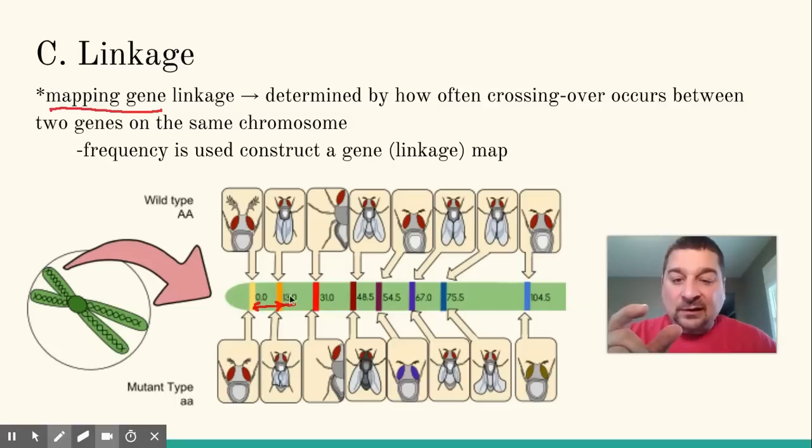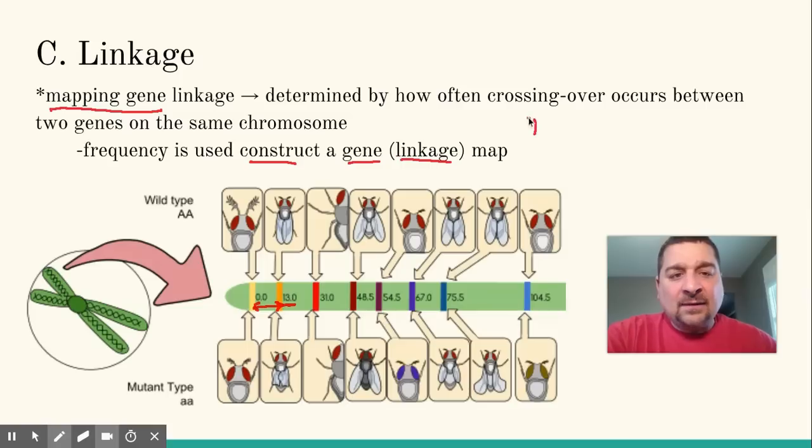That is a lower percentage. And we just use those percentages as map units. It's not really like millimeters or micrometers or anything like that. We use map units, or the frequency of crossing over, to construct these gene maps, or sometimes you might hear them called linkage maps.